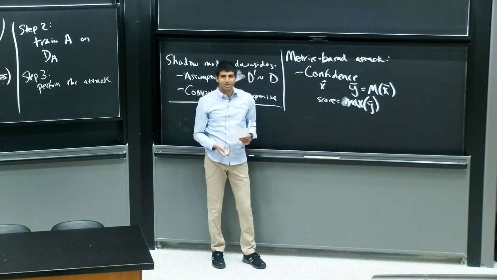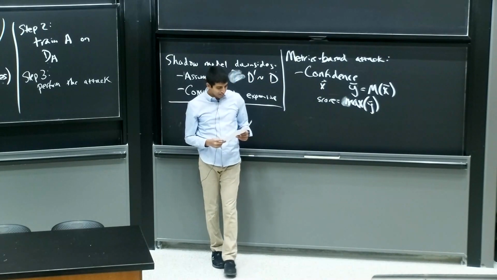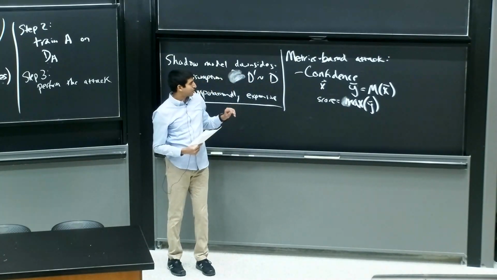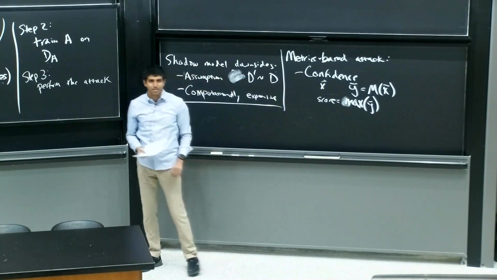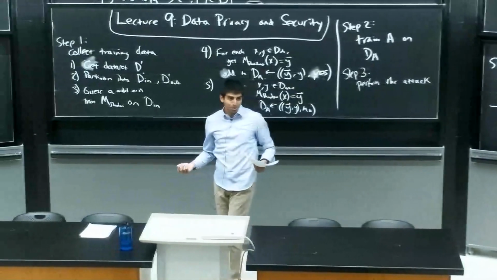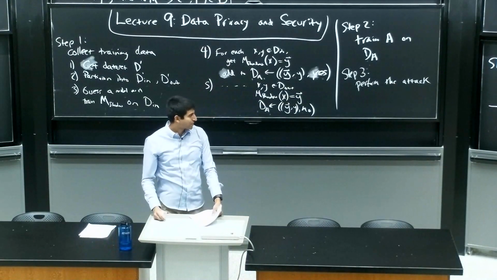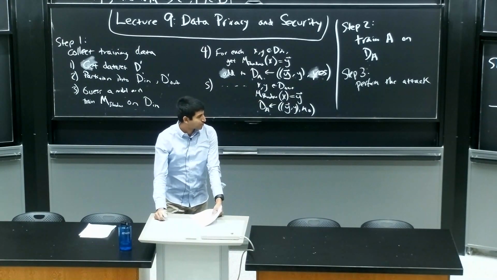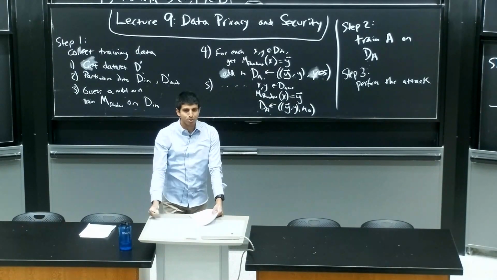How confident is the model in its output? I won't go through a whole bunch of metrics, there are more in the lecture notes if you're interested, but here's what one of them looks like. And what's kind of interesting is that this works pretty well. Some intuition for this is that when you train a model on a data set, the loss functions that we commonly use cause the model to be very confident in the outputs it's predicting, right?